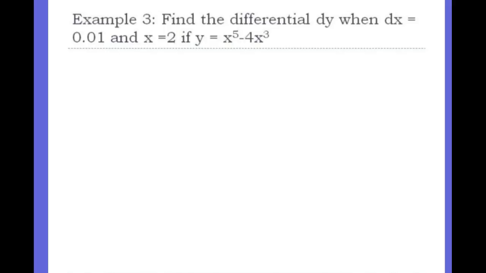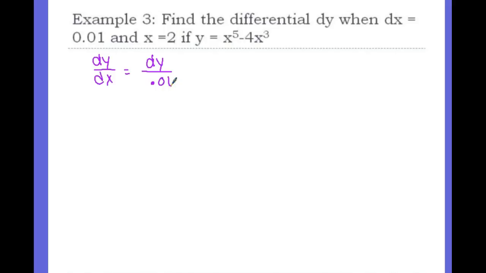So we're told now that dx, that dx part of a derivative, is equal to 0.01. We've never been told something like that before. So if you wrote dy/dx, you'd kind of be writing dy over 0.01. We're saying that differential, that tiny space, is 0.01. And x equals 2.